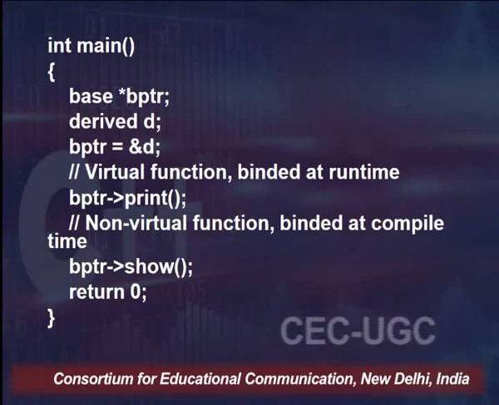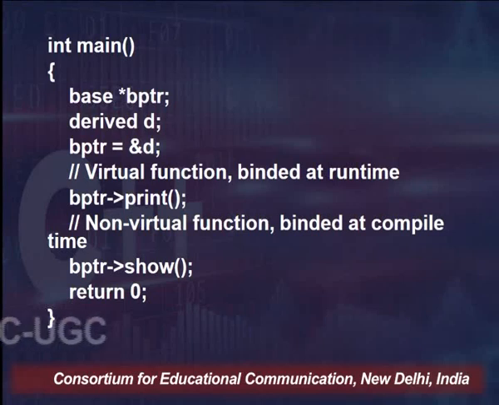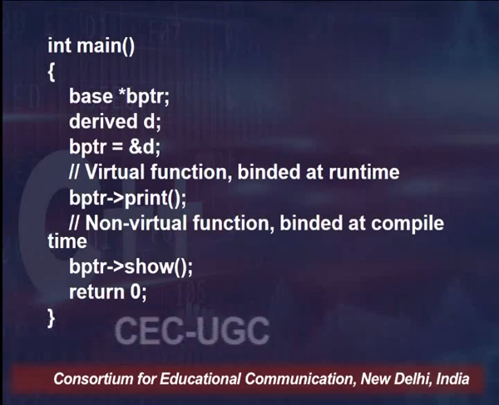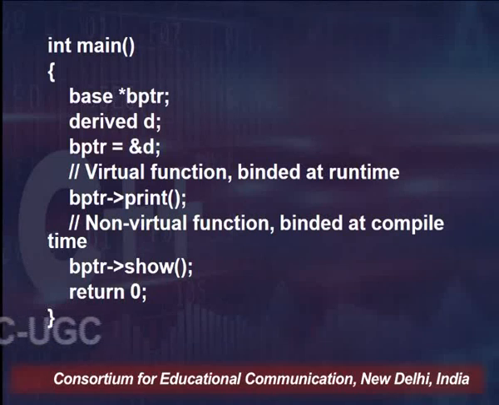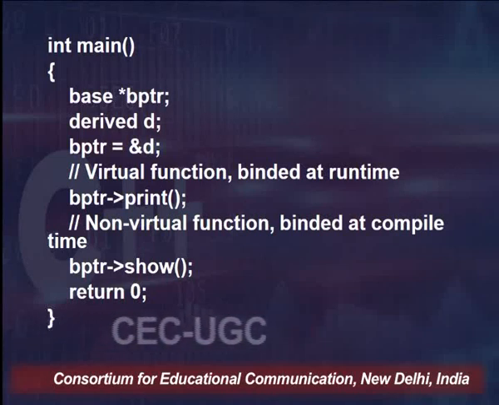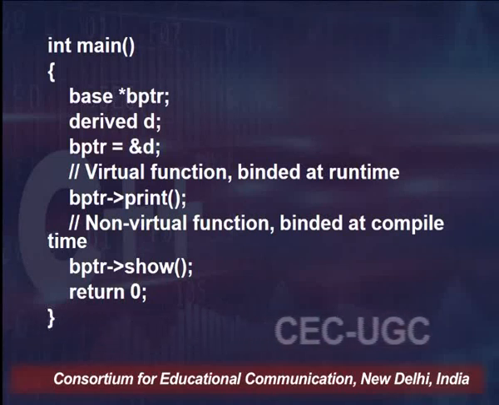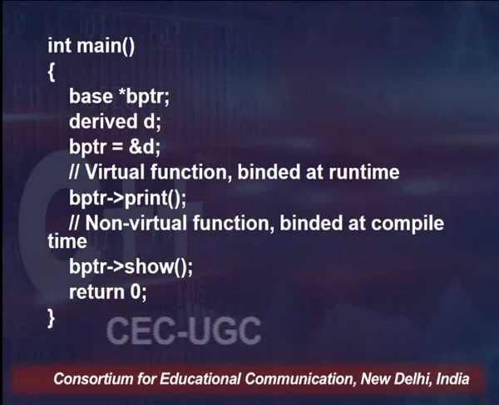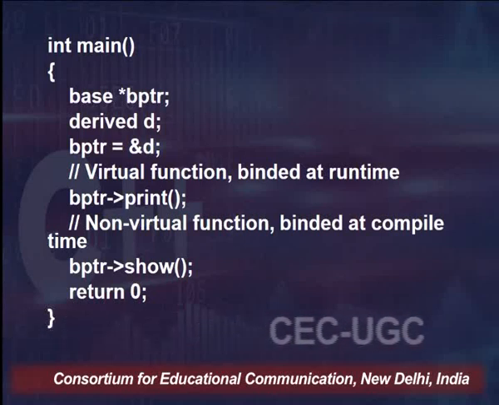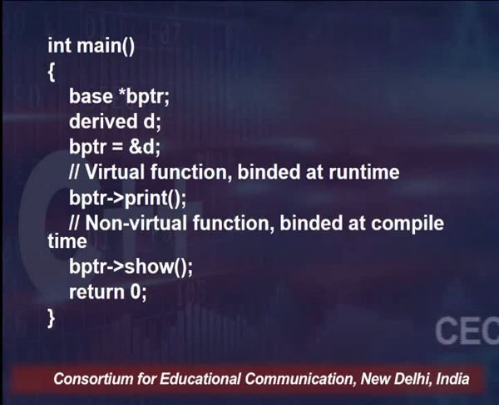By now we are clear with the fundamental that the address of an object of the derived class can be stored in a pointer of the base class, and the same has been done here: in bptr, the pointer of the base class, we have assigned the address of the derived object. So here we can say both the functions are bound.